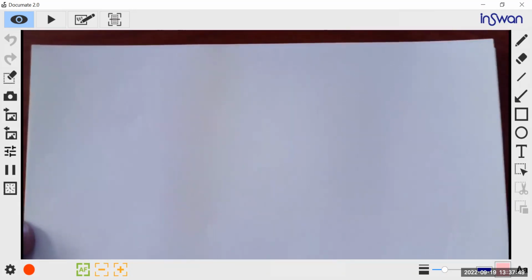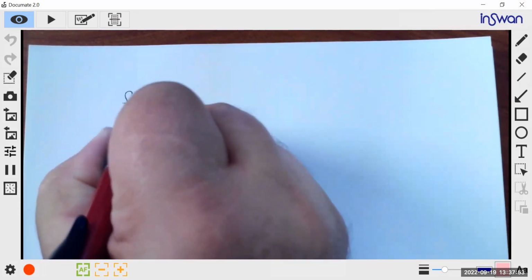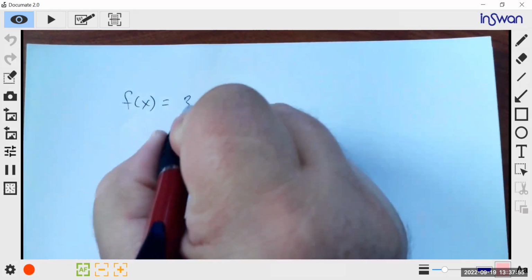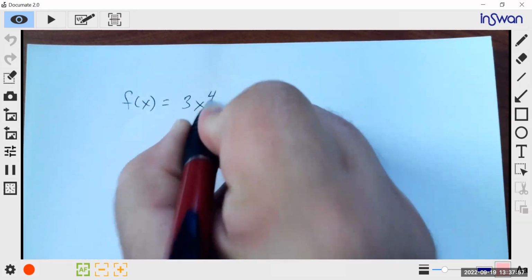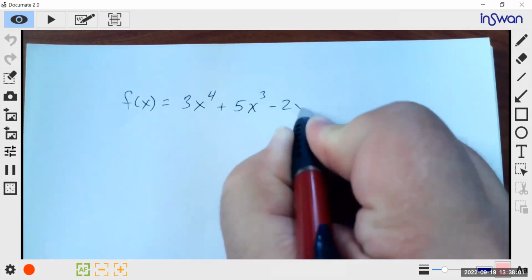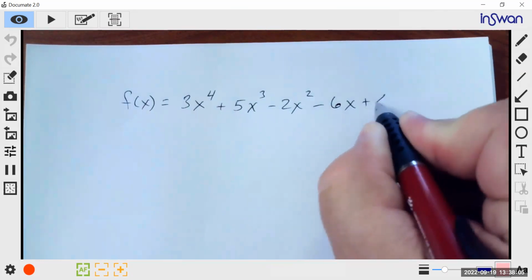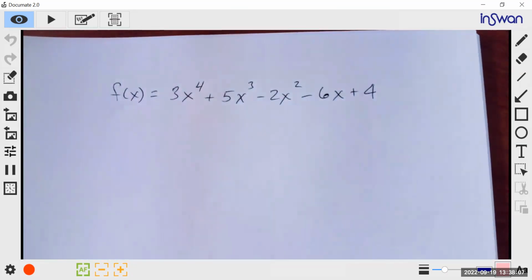Now, remember I told you earlier about if I give you a function. What can you tell me about that graph?